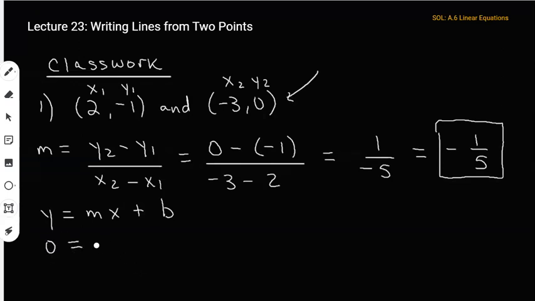My m is going to be -1/5. And my x value from this ordered pair is going to be -3. I don't know what b is yet, so I'm going to leave that as a variable for now.